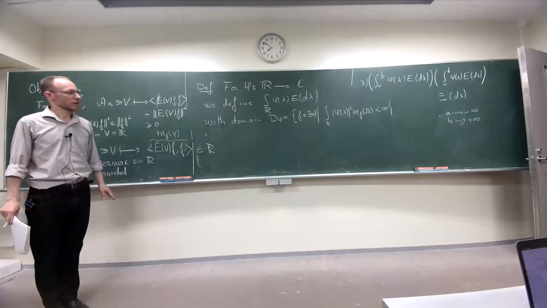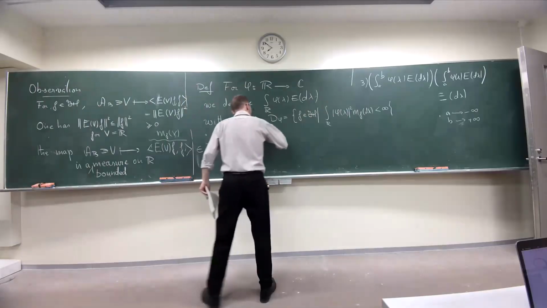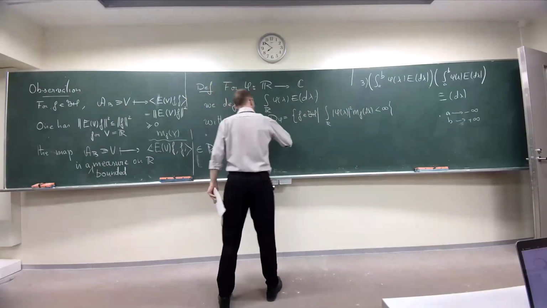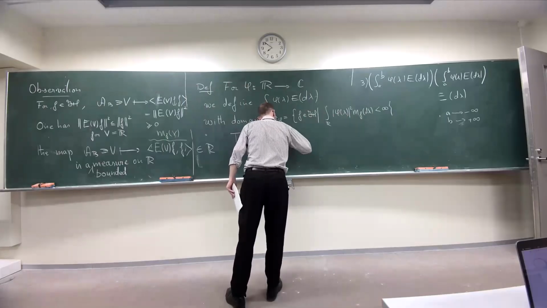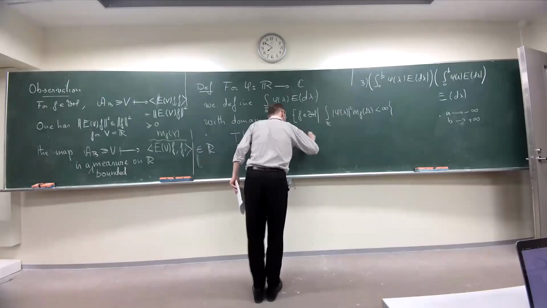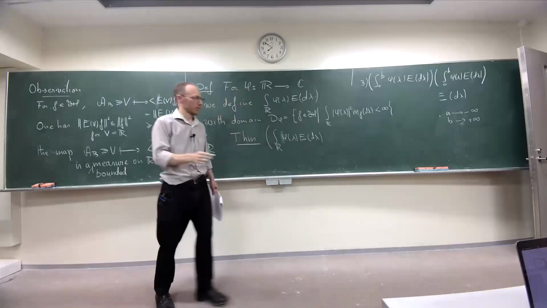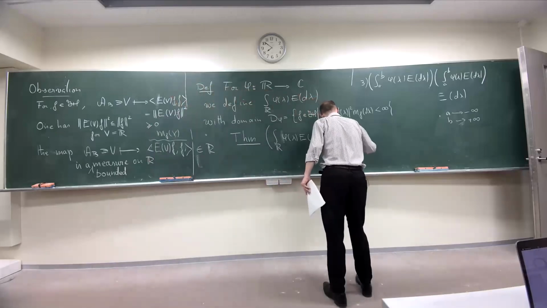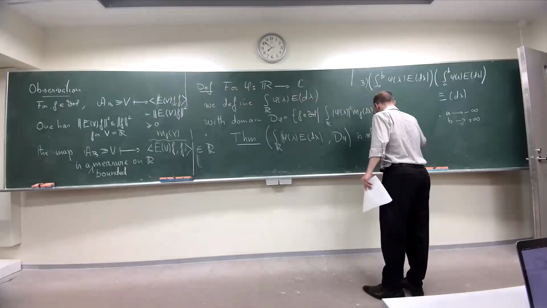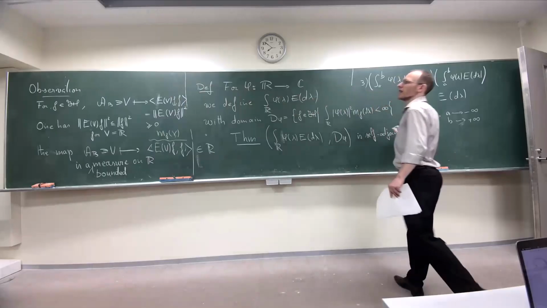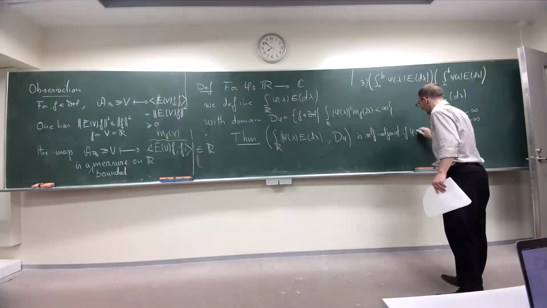I know it's very dense today, but theorem: this operator, the integral on R of phi of lambda E d lambda, with the domain D phi I have just introduced, is self-adjoint if phi is real.